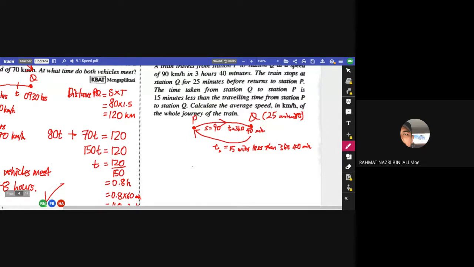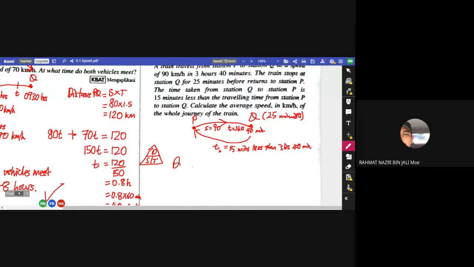For the whole journey, we have to add all the journey from P to Q and then Q to P. Before that, let me find out the distance from P to Q and then the distance from Q to P. The distance from P to Q we can find out based on the given information, speed S1 and time T1, using the simple triangle of D, S, T.